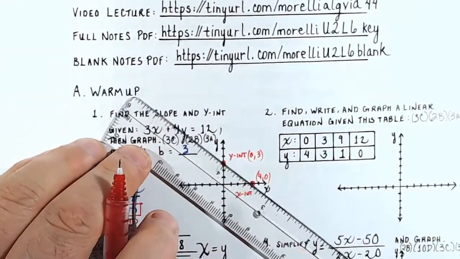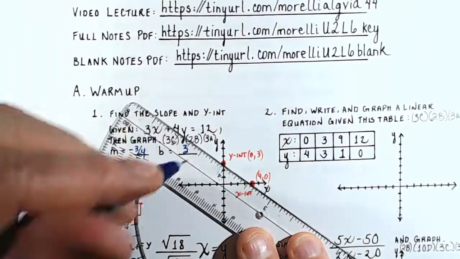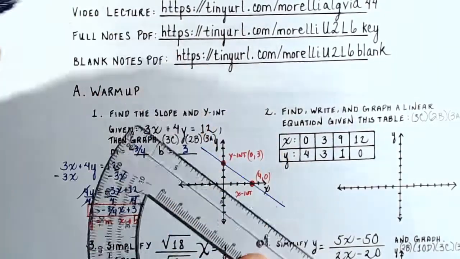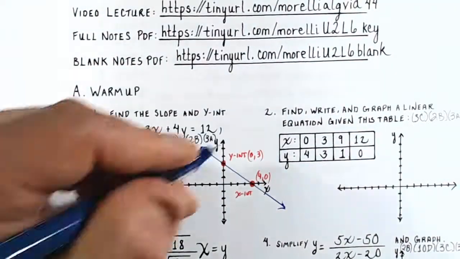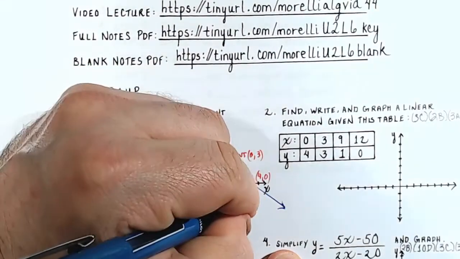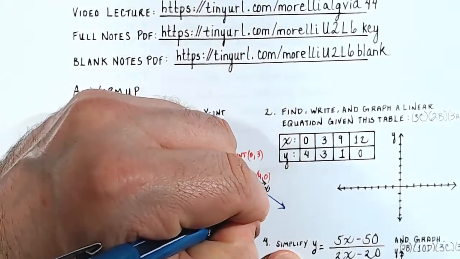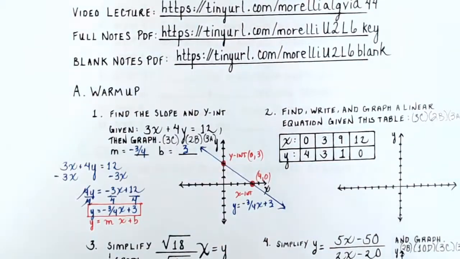We get those points plotted in, and then we'll draw in our line passing through those two points. So we have a negative slope on our hands, and this is y = -3/4 x + 3. And that's number 1.